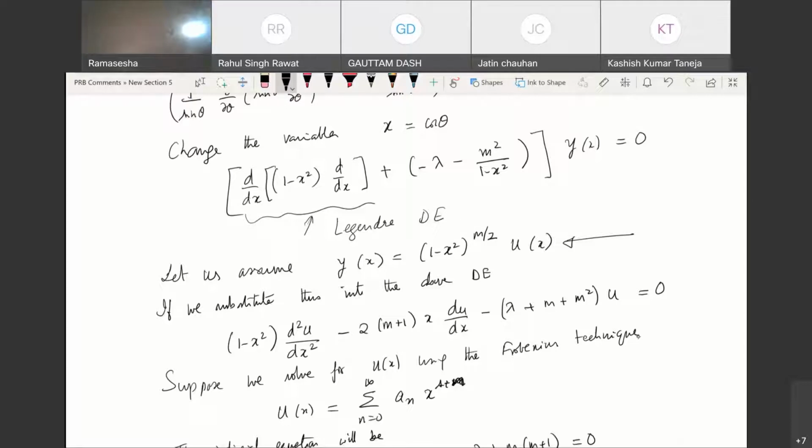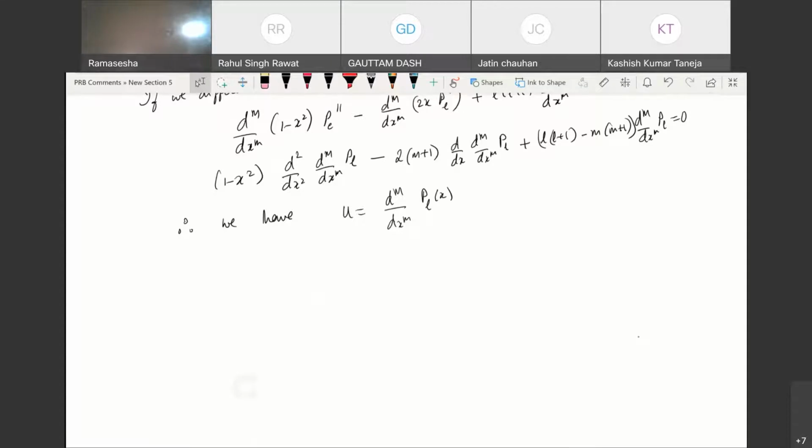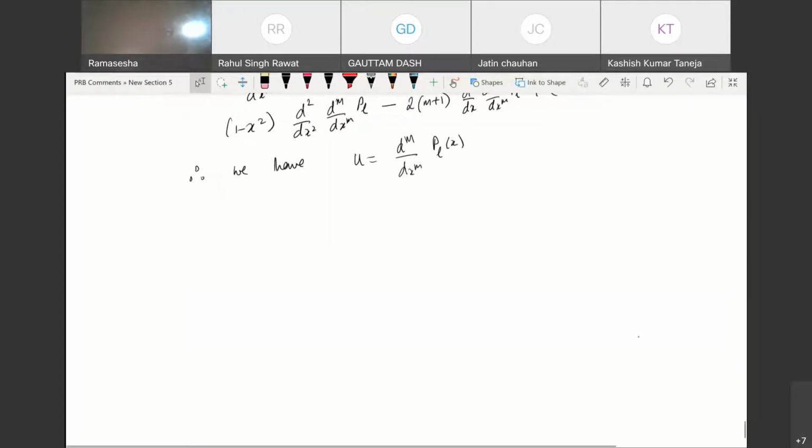So the solution will become 1 minus x squared to the power m by 2 times d m P L by dx m.